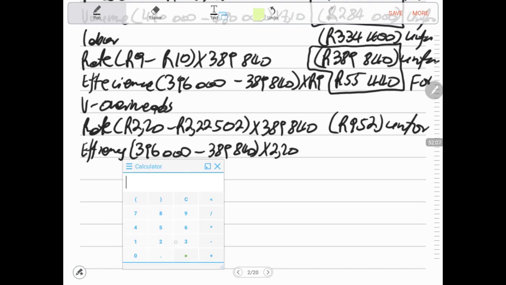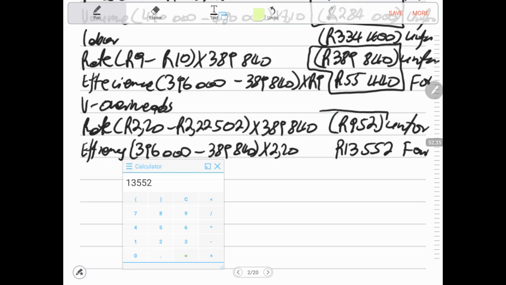Therefore now that will be 396,000 minus 389,840 times by 2 rand 20 cents, and it gives me a total of 13,552. This variance is favorable variance.